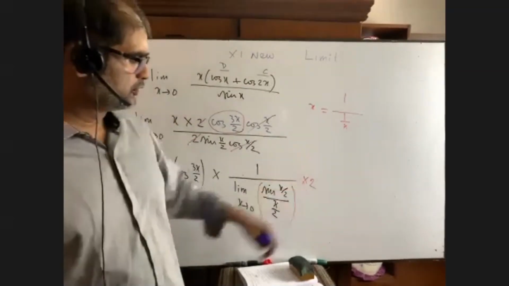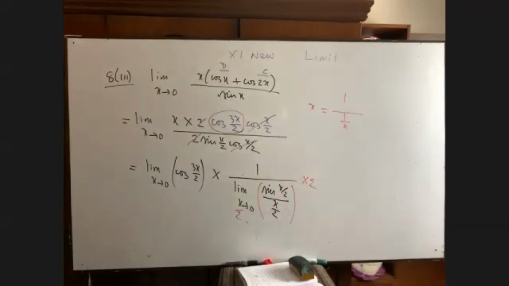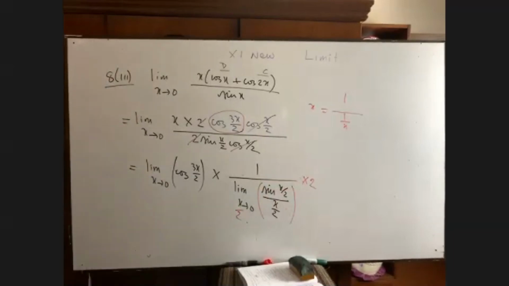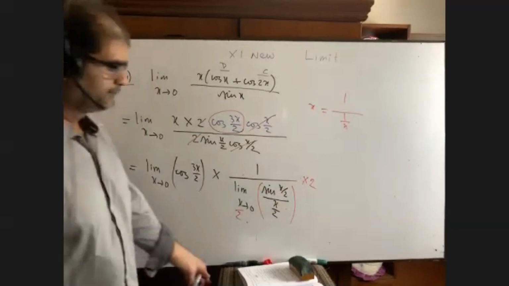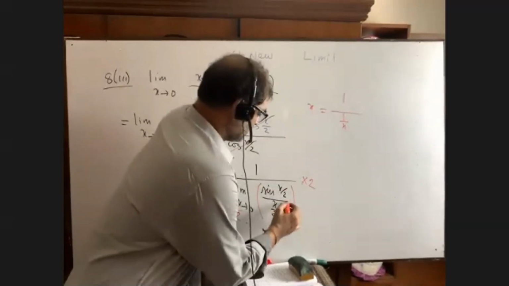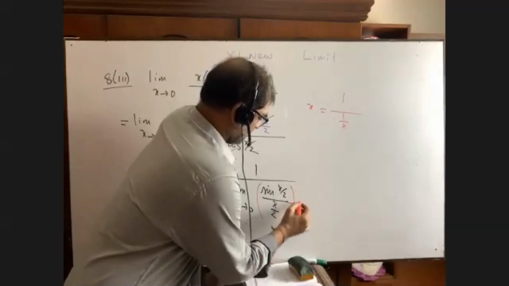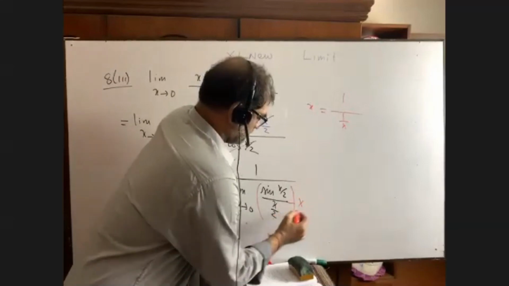Okay, but you try to understand. This is 2. You understand or not? Please talk to me. Yes, sir. Then I have another option. You see what we need here. Here we need half.